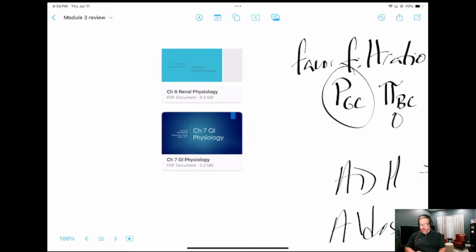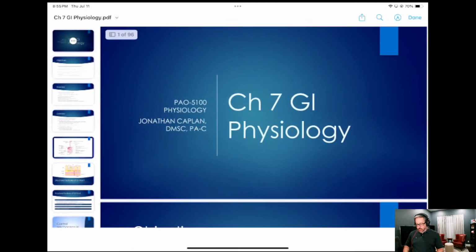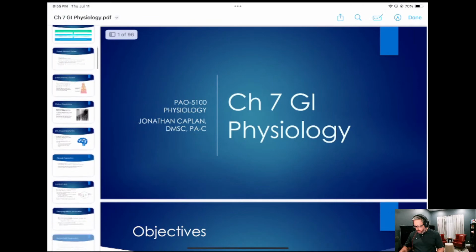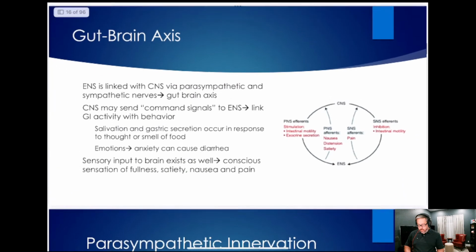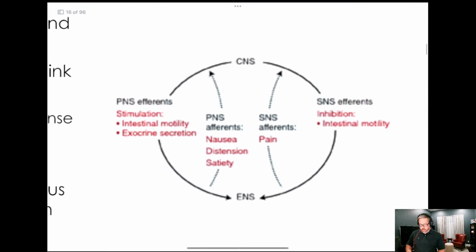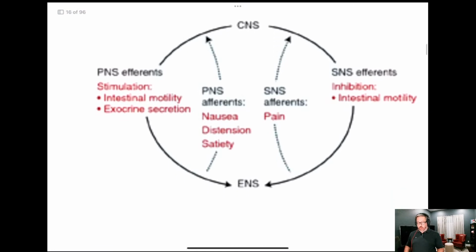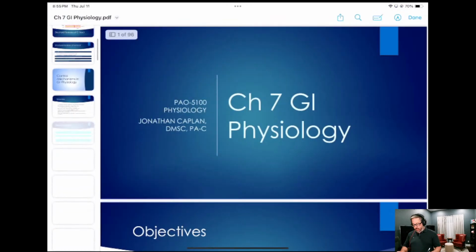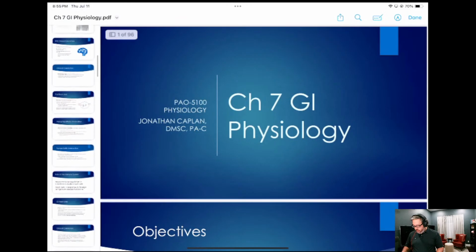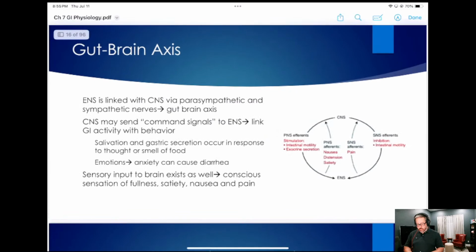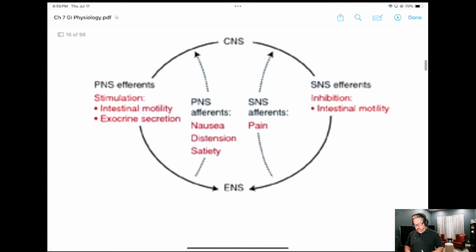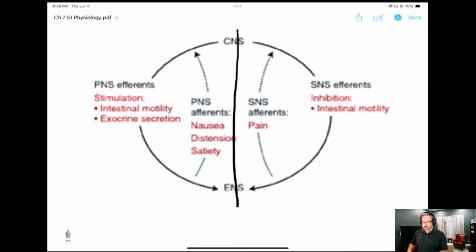Okay, efferent and afferent in the gut brain. Okay, if we cut this down the middle, we have sympathetic on one side, we have parasympathetic on the other.